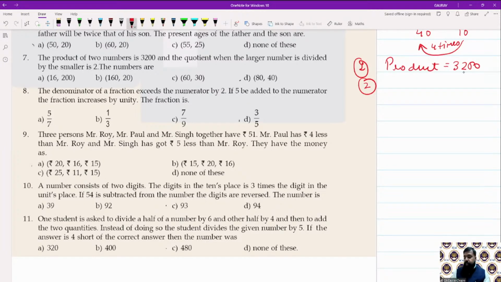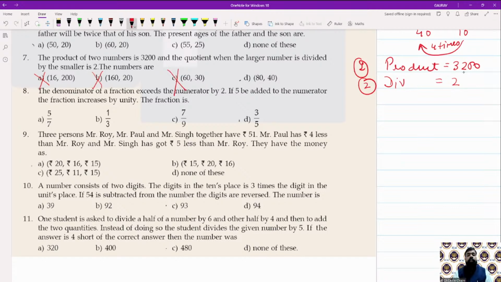So here we have to check which condition will be correct. Its division is 2. So let us check the conditions. If we see 16 and 200, the division will not be 2. So it will be rejected. 160 upon 20, division will not be 2. 60 by 30, division is 2, but their product is not 3200.